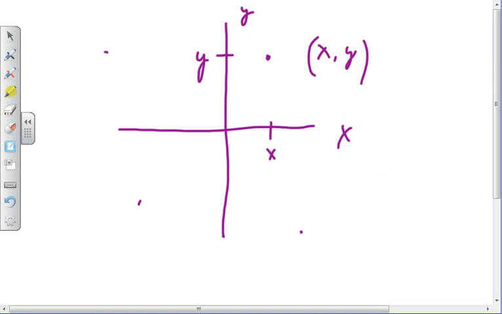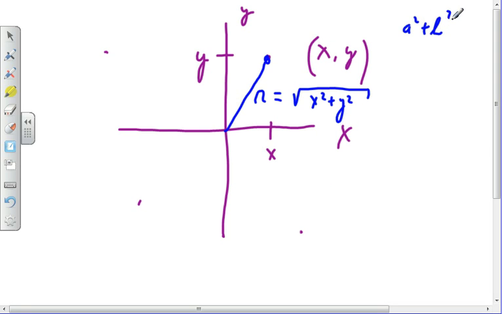Then we're going to say there's a distance from the origin to that point. We're going to call that r, and that's going to be the square root of x squared plus y squared. Also known sort of like the Pythagorean theorem, a squared plus b squared is c squared, right? Same type of thing, except we're going to call it r is the square root of x squared plus y squared.